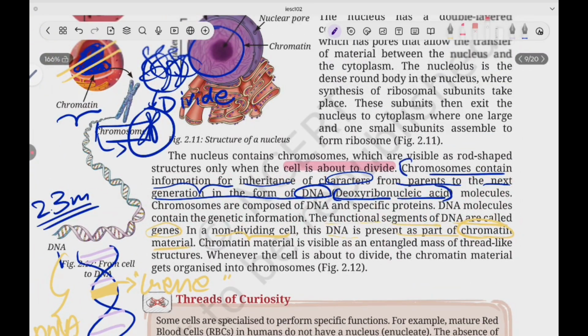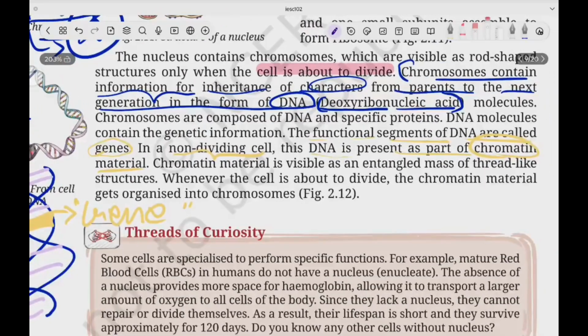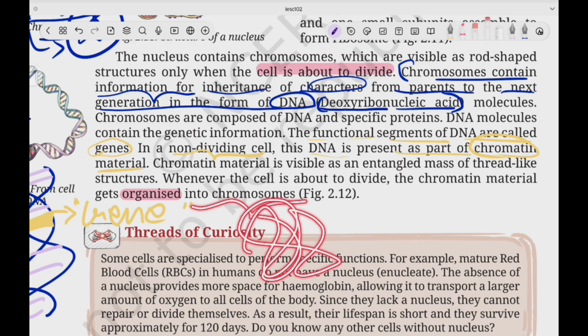As I told you, it looks like a thread-like structure. Whenever the cell is about to divide, the chromatin material gets organized into chromosomes. So this thread-like structure is actually getting organized into chromosomes.